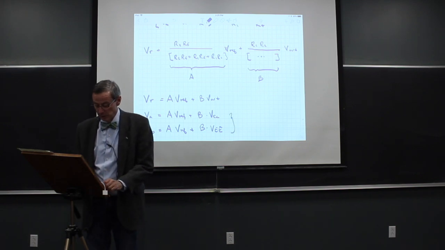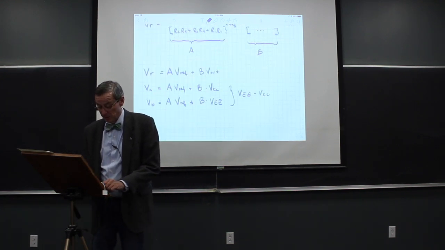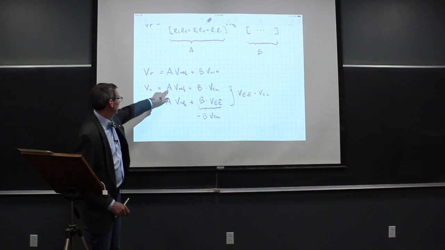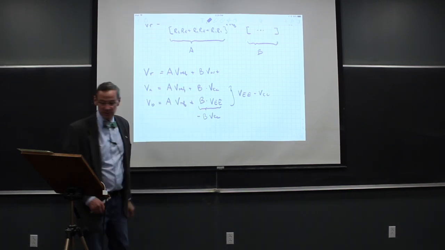And generally, VEE is minus VCC. So this actually becomes minus B VCC. So this is some number plus B VCC, and that's the same number minus B VCC.